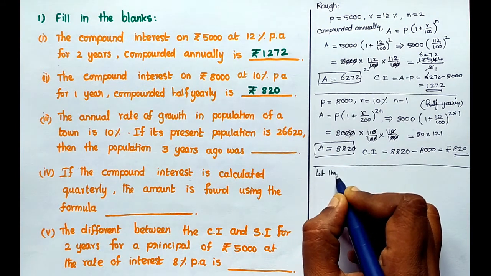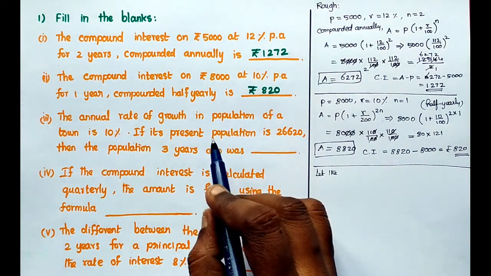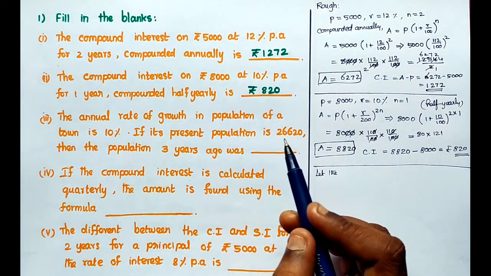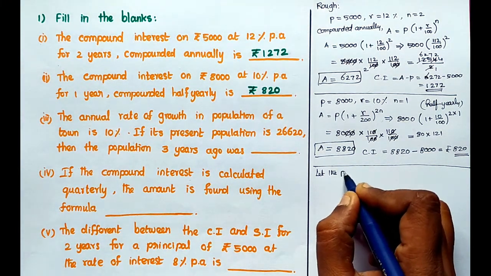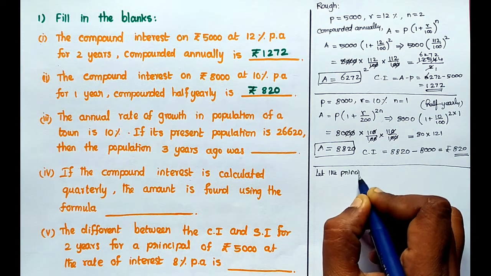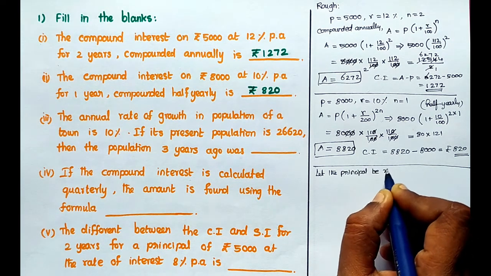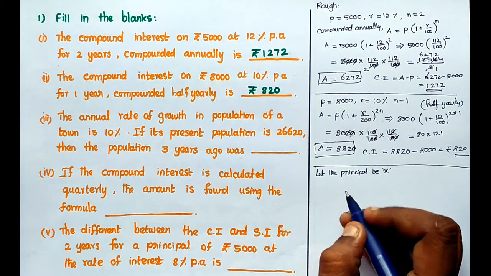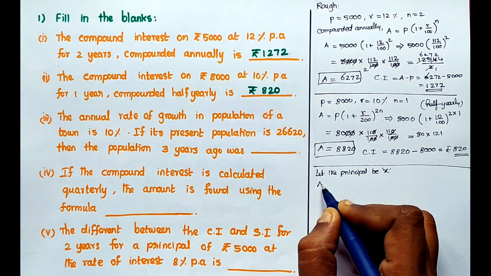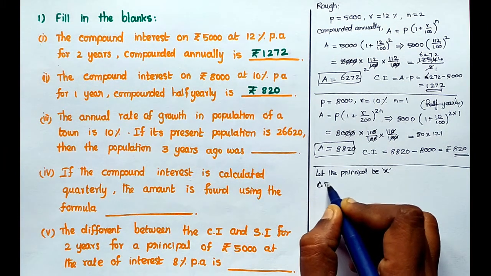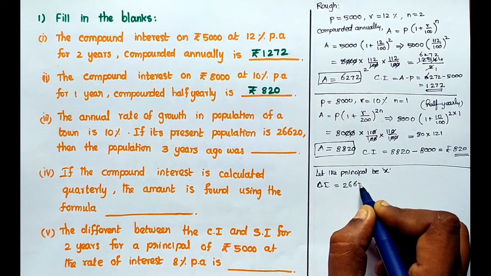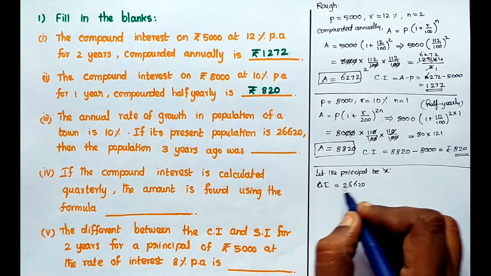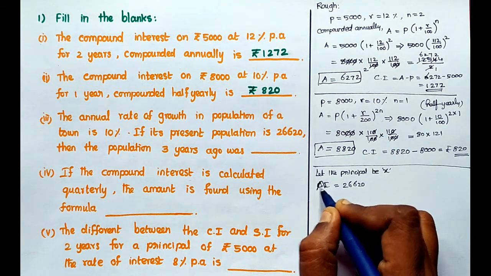Let the 3 years ago was the populations there. That is, we have to find out the principal. Let the principal be x. Then they given compound interest, that is 26,620. That is amount A equal to.